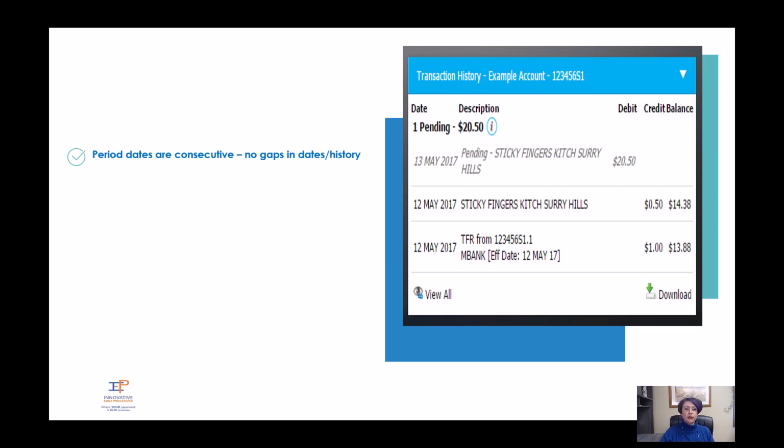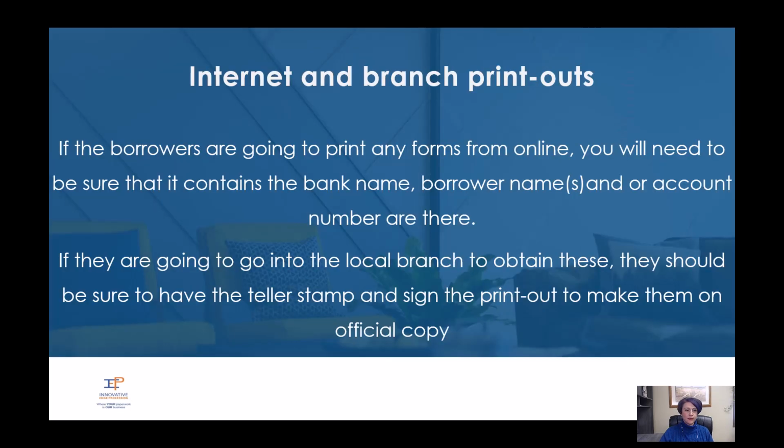So for example, your printed transaction history needs to start with the last date of the last statement. For example, if the statement goes till October 30th, the printed transaction history needs to start on October 31st. You need to make sure the beginning and ending balances match up to the previous bank statement. There cannot be any pending transactions.